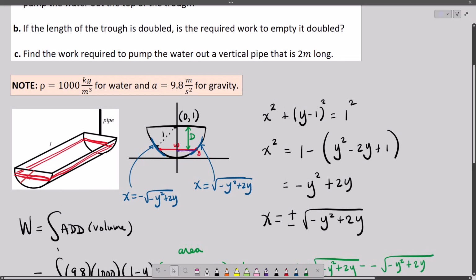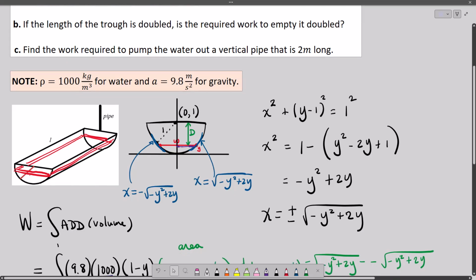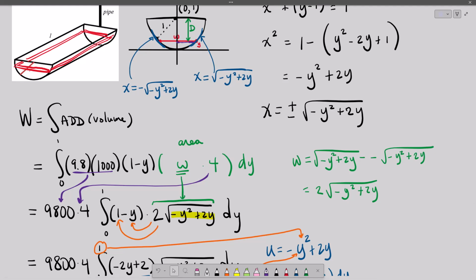If the length of the trough is doubled, is the required work to empty it doubled? What do you think? Oh, maybe. Just because the 4 made it all the way to the end, so if the 4 became an 8, so yes, right?